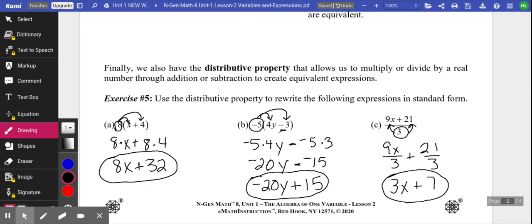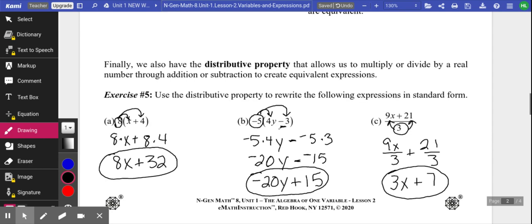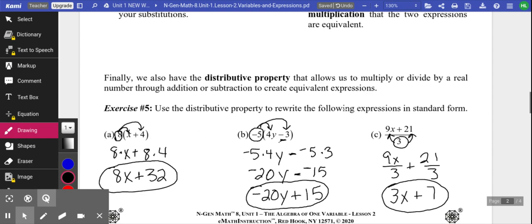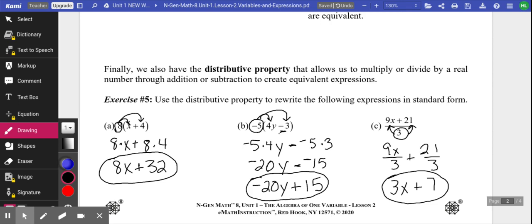There's a couple of different ones that we were going to do if we had time for review. So I'm going to just write a couple at the top. So if you look above here, like 3 times 2x minus 2.